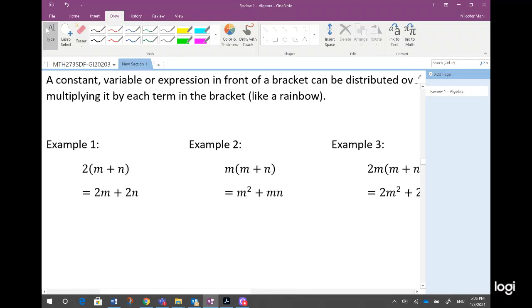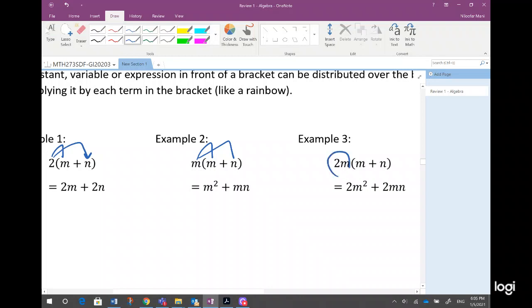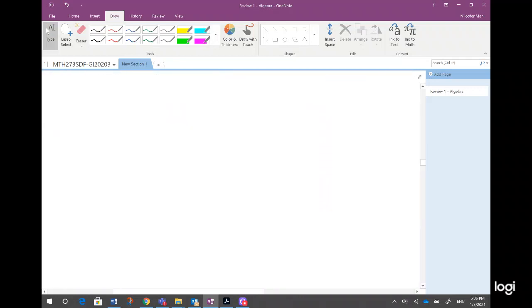Here I multiply 2 with this plus that, then here I multiply m with this and this. Now I multiply both of them together with that and that: 2m multiplied by m and 2m multiplied by n. If I see something before the bracket, I have to multiply it with all of them inside. I need to be careful about positive, negative.